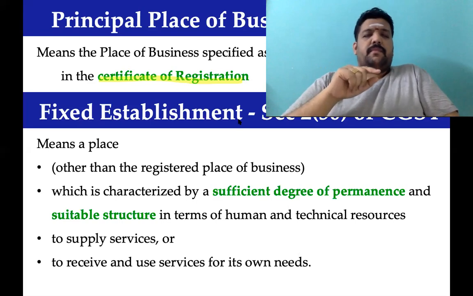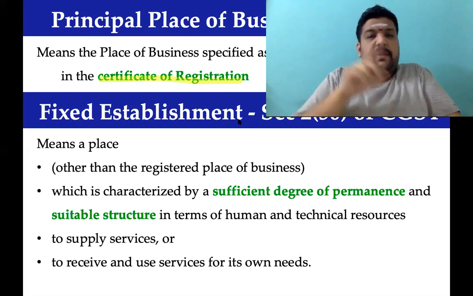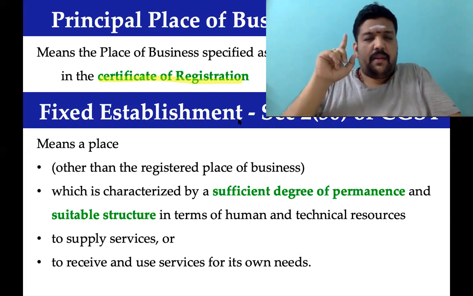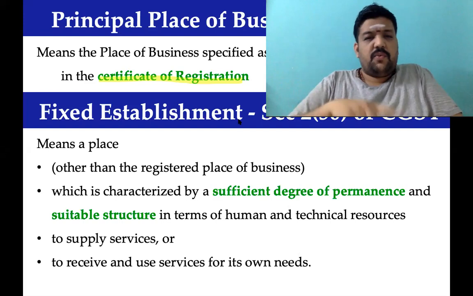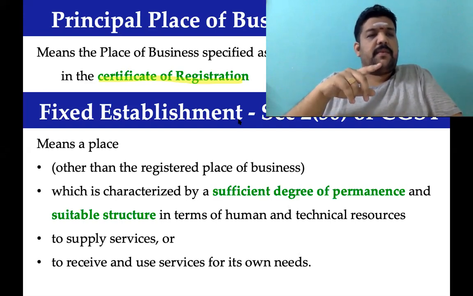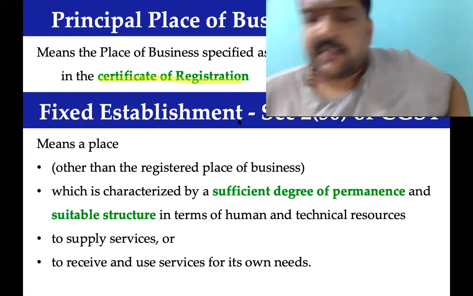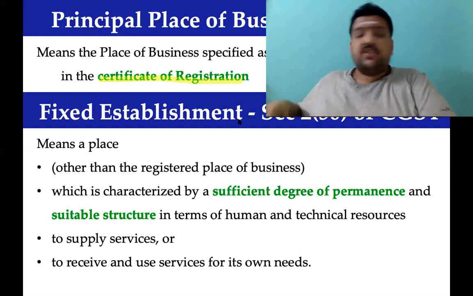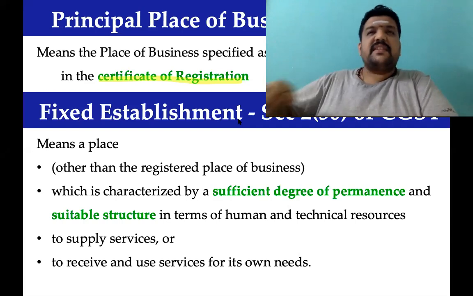Sometimes goods will be delivered to individual places, and though goods will be delivered to individual places, referring the same GST number, at that time we will have a little difference.